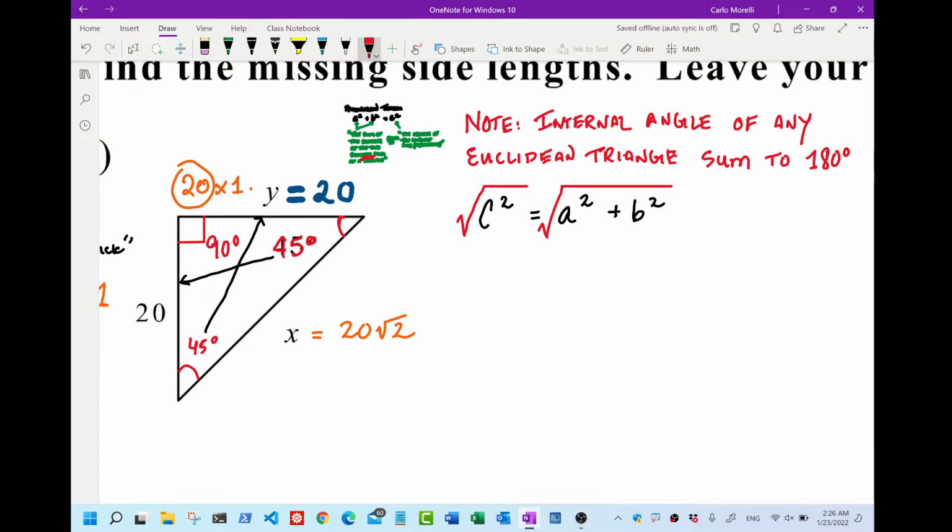In order to unsquare something, you take the square root of both sides. Okay, so that's how you unsquare something.